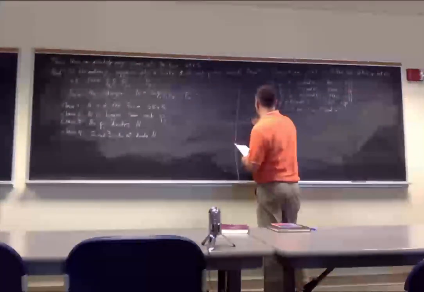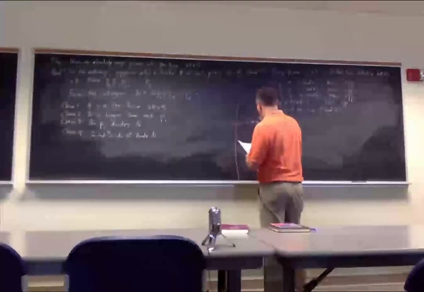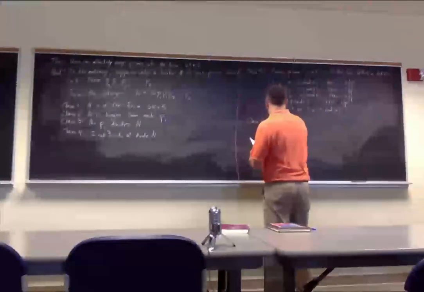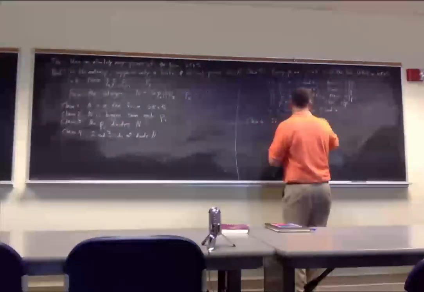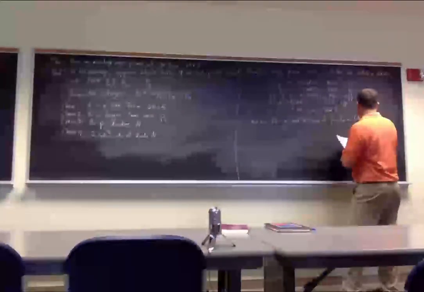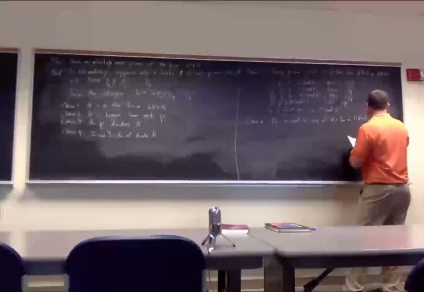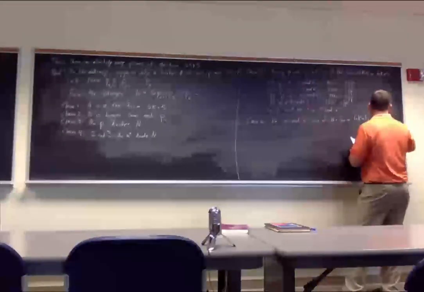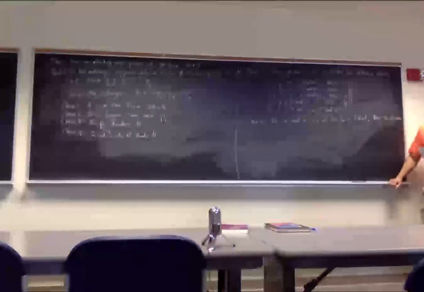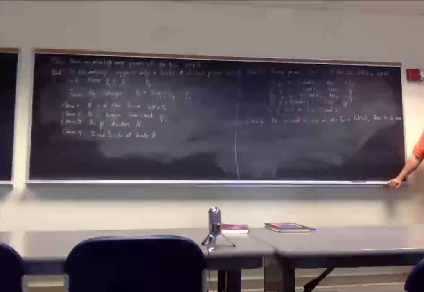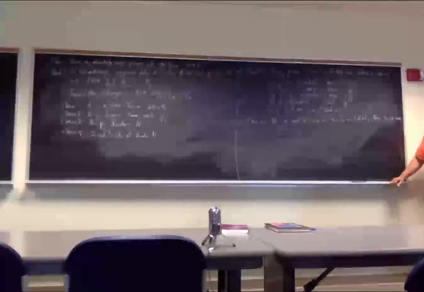Claim 6. If m and n are of the form 6k plus 1, then so is m times n. You believe that? How did you prove it for 4k plus 1?